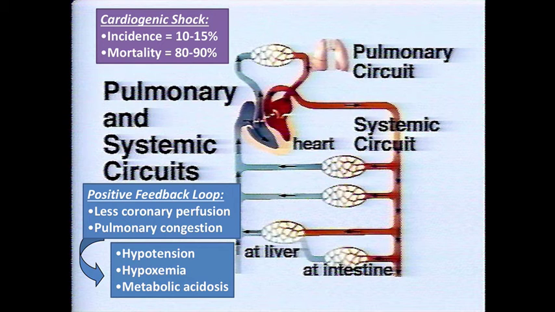So they become hypotensive. Hypoxemia is low oxygen in the blood, and they often develop metabolic acidosis because they can't get rid of the metabolic wastes. As this gets really bad, that makes the heart weaker, so they get even less coronary perfusion, more pulmonary congestion, and this whole thing spirals out of control. So that's cardiogenic shock.